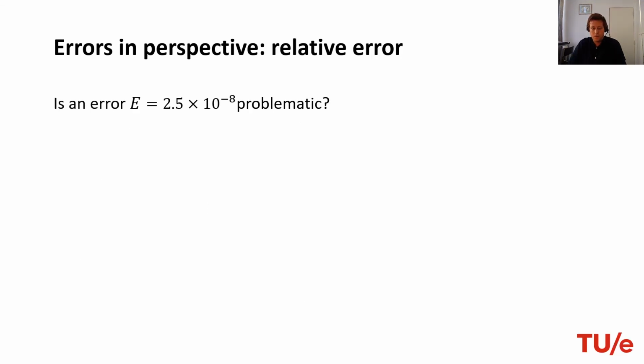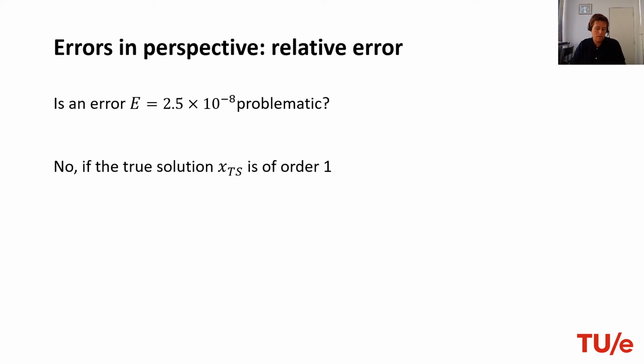If we observe a certain total error, we need to be able to assess how problematic this error actually is in assessing the accuracy of our numerical solutions to our equations. And the answer is, well, this depends. So if we observe an error of 2.5 times 10 to the minus 8, this might seem like a small number to you.